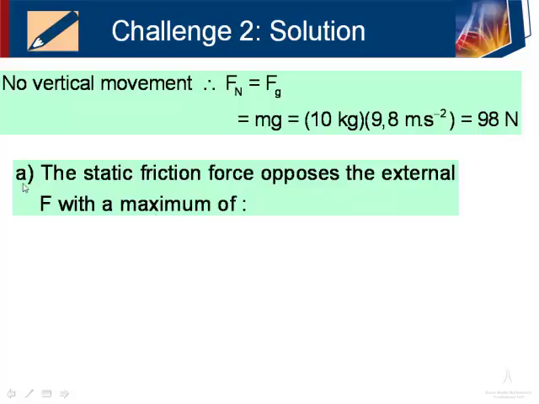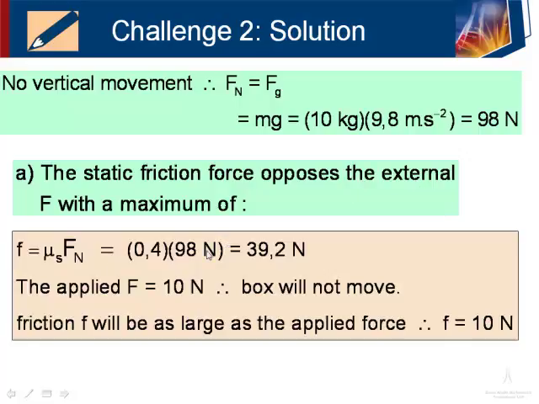Now looking at calculation A. The static frictional force will oppose the external force with a maximum of, and we're going to use the formula, F equals static coefficient of friction times normal force. We've calculated the normal force to be 98 newtons, and we were given the static coefficient of friction to be 0.4. Calculating that, 0.4 times 98, and we get 39,2 newtons.